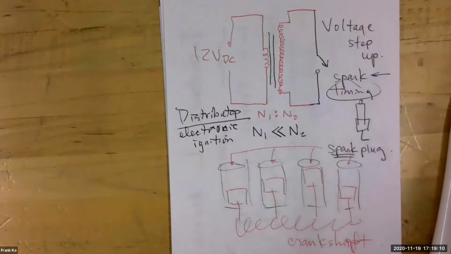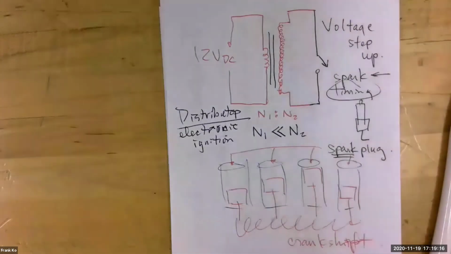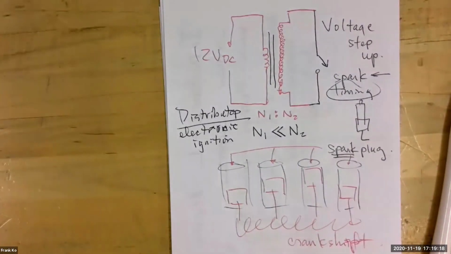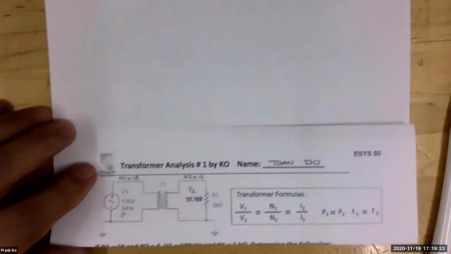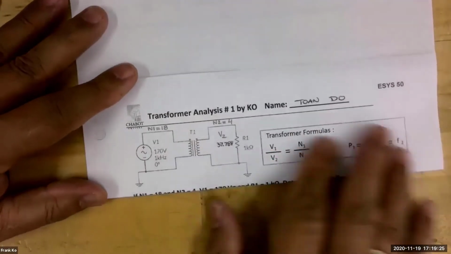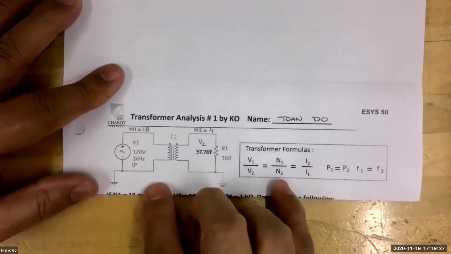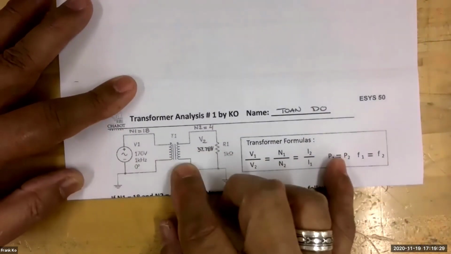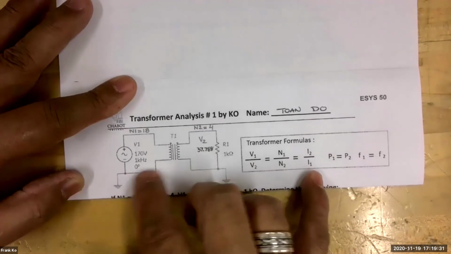Now, what I would like to also help us out with is this. You'll get a separate worksheet in addition to what I've already assigned, and it'll look like this. I'll just give you a little preview glimpse of it. It'll be a transformer analysis worksheet, and it'll have a transformer illustration, and I will have turns ratio.